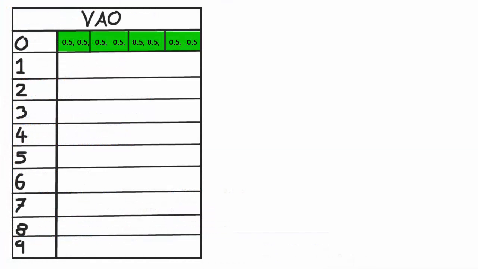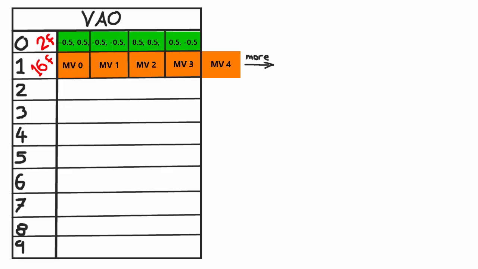So our particle VAO already has the vertex positions stored in attribute list 0, and they are per vertex attributes with 2 floats each. This episode we're going to set up some per instance attributes. So in attribute list 1 we're going to store the model view matrices for every particle that we want to render, and each 4x4 matrix will have 16 floats, and we'll also need to indicate that this is a per instance attribute.